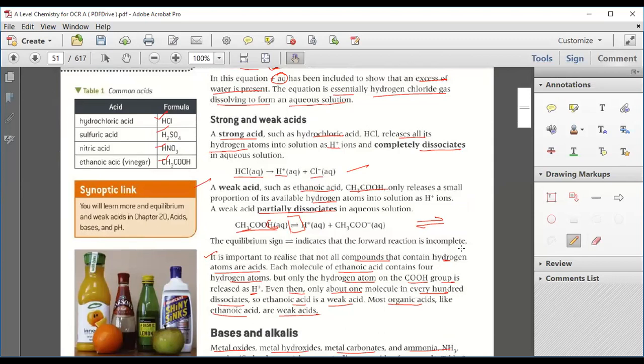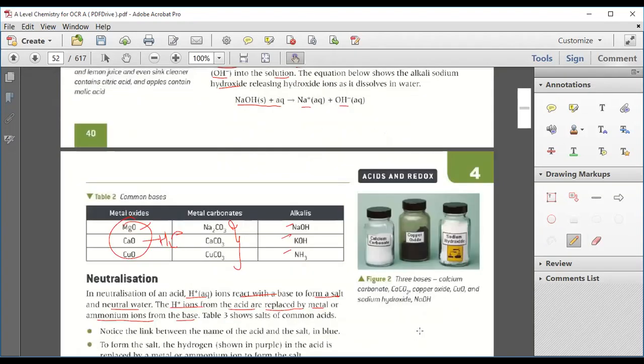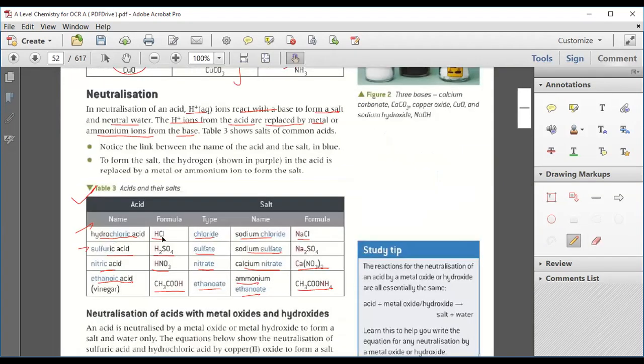Suppose a salt is formed with the help of hydrochloric acid, so it will take the name chloride. If it is formed from sulfuric acid, it will take the name sulfate. Clear? For nitric acid, it will take the name nitrate.